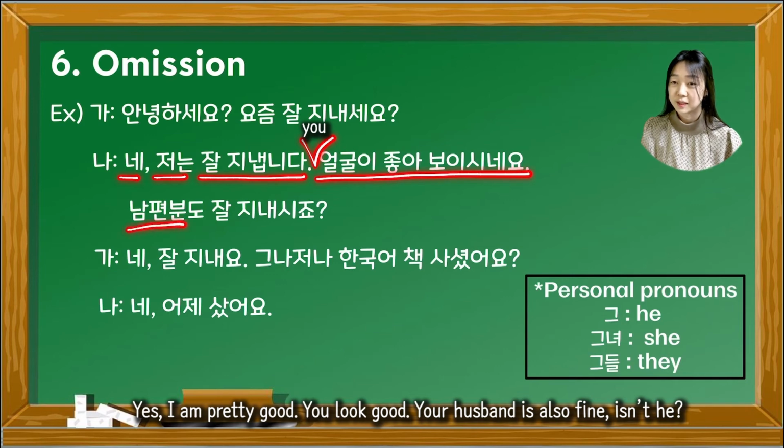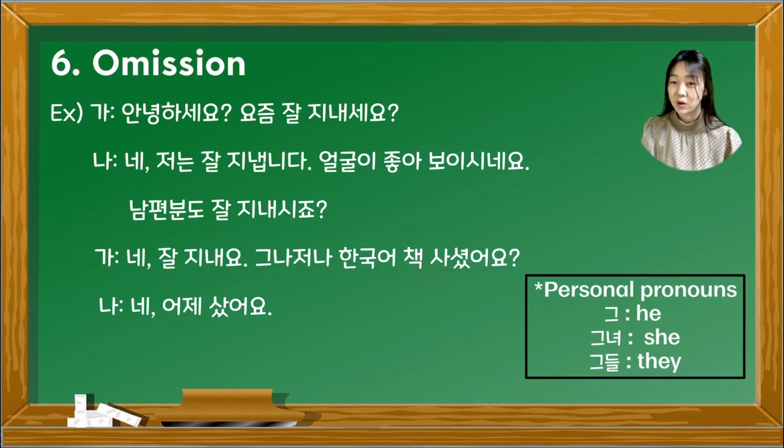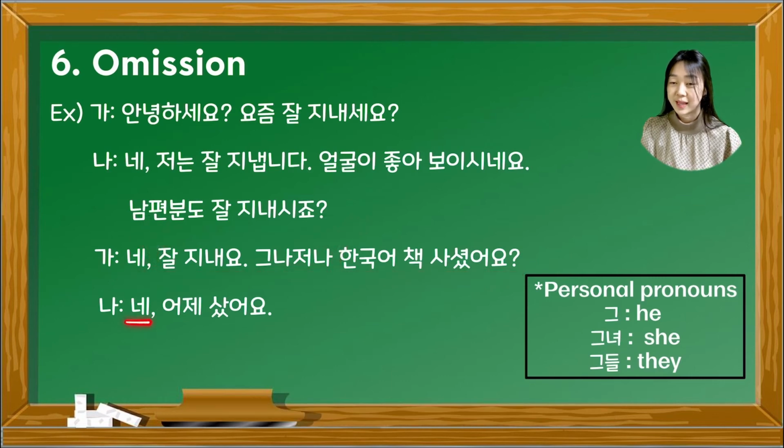Your husband is also fine, isn't he? 네, 잘 지내요. 그나저나 한국어 책 사셨어요? Yes, he is fine. By the way, did you buy the Korean book? 네, 어제 샀어요. Yes, I did yesterday.